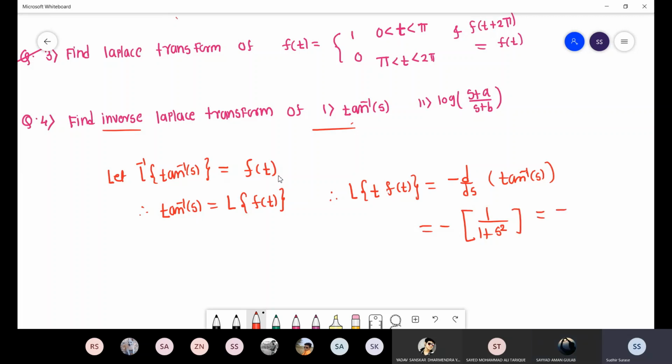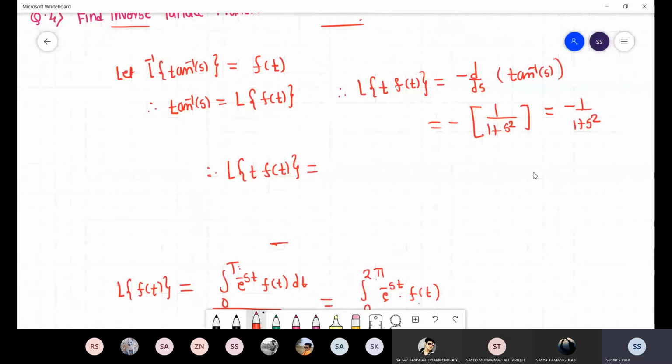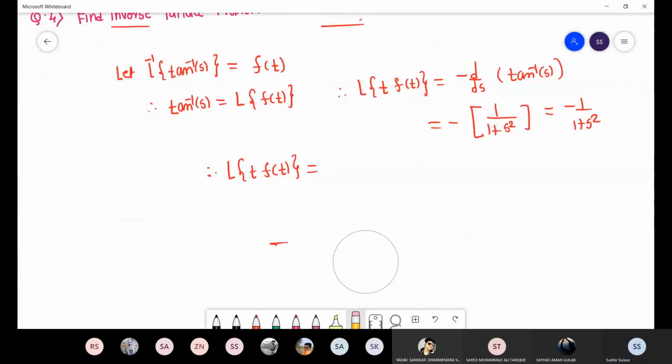So that is equal to minus 1 upon 1 plus s square. So we get the Laplace transform of t f of t equal to minus 1 upon 1 plus s square.